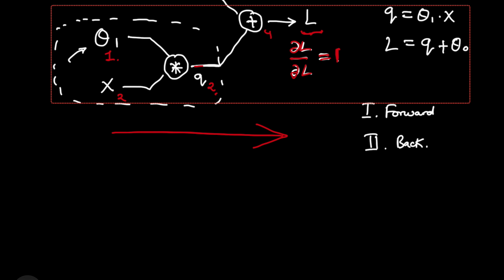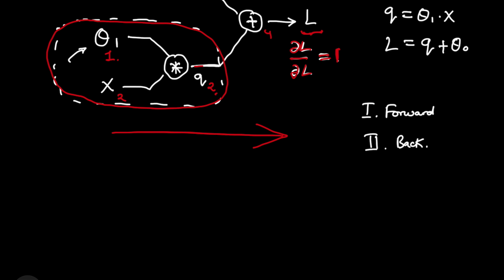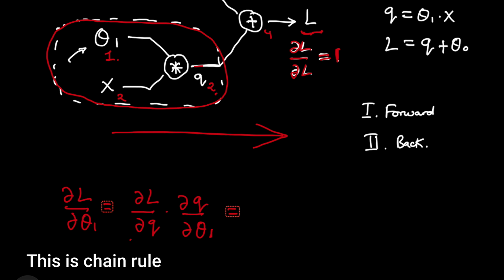Now here, this is my local computation. Our objective is to calculate del L over del theta 1. If somehow I know del L over del q, and I multiply this by del q over del theta 1, then this would be del L over del theta 1, because you can imagine that del q and del q cancel out.